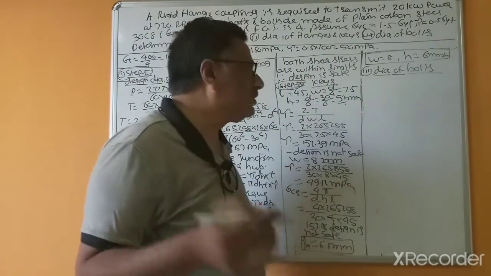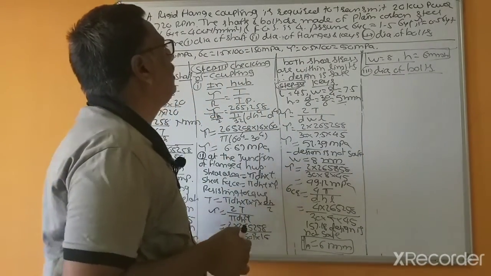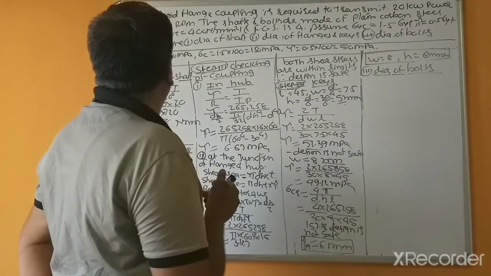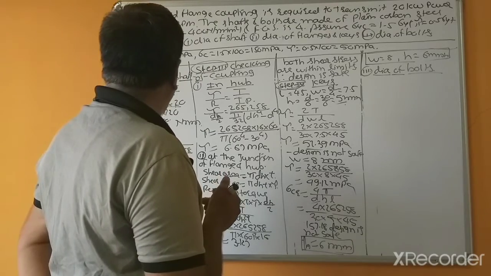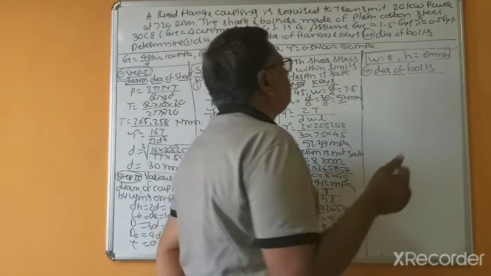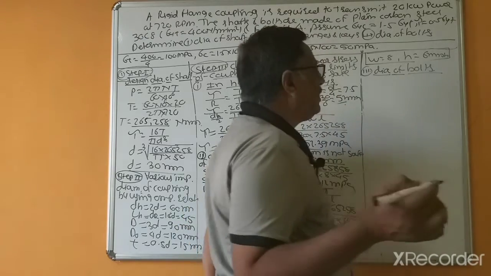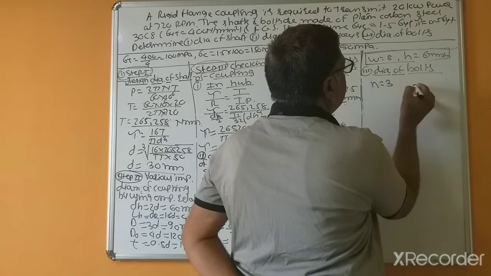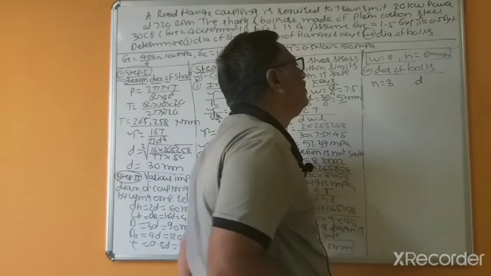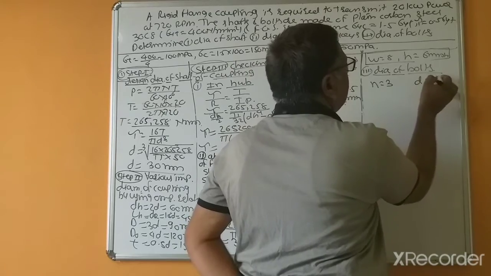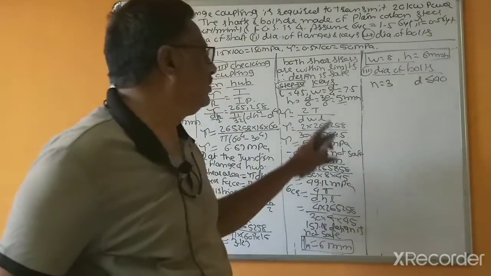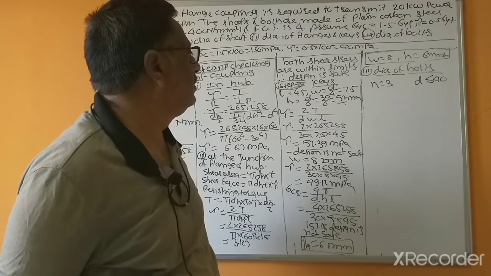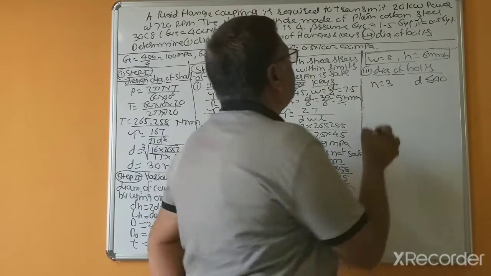For diameter of the bolts, in this case, diameter is 30 mm, and that's why N equal to 3, because diameter of the bolts, this is less than 40, and N equal to 3.